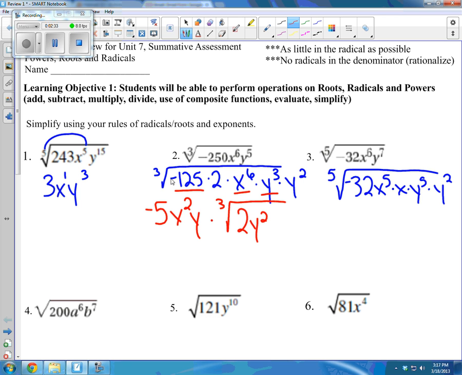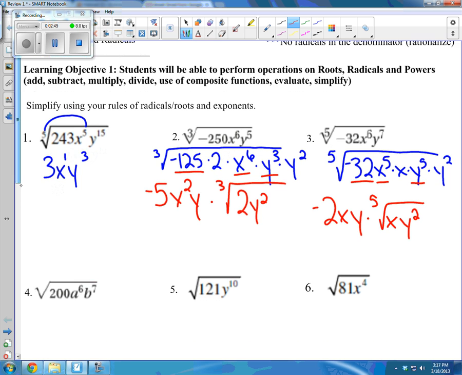And now the things that are perfect, the negative 32, the x to the 5th, the y to the 5th will all be able to come out. And then the regular x and the y squared will stay in there. So again, what's in red is my final answer for number 3.